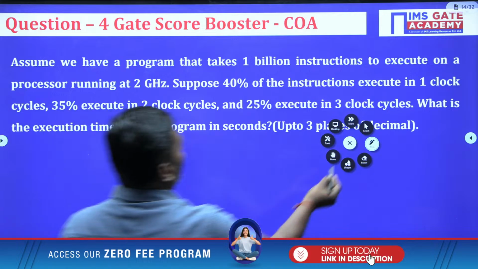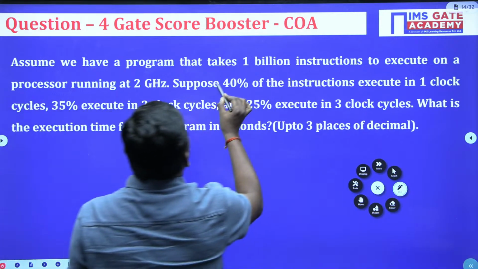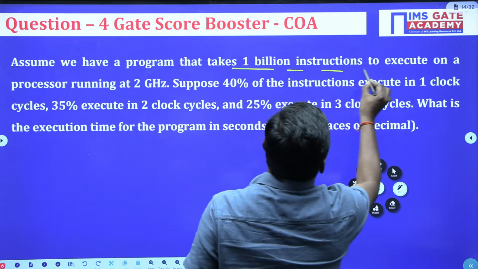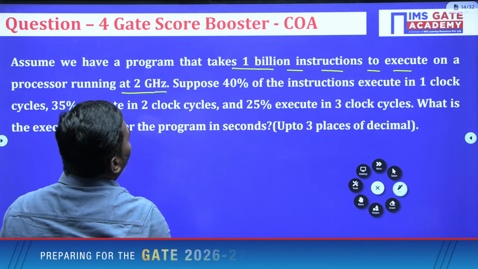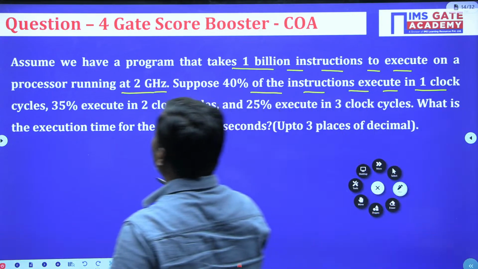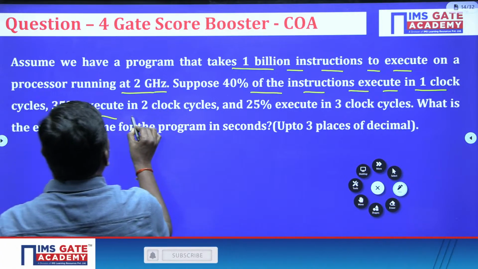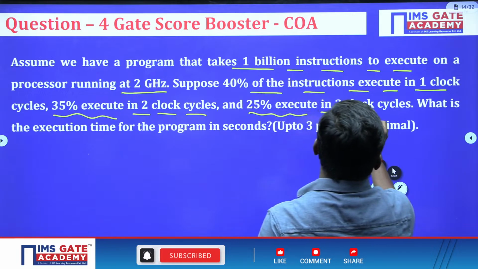Now look at this question. Assume we have a program that takes 1 billion instructions to execute on a processor running at 2 gigahertz. Suppose 40% of the instructions execute in 1 clock cycle, 35% execute in 2 clock cycles, and 25% of instructions take 3 clock cycles.